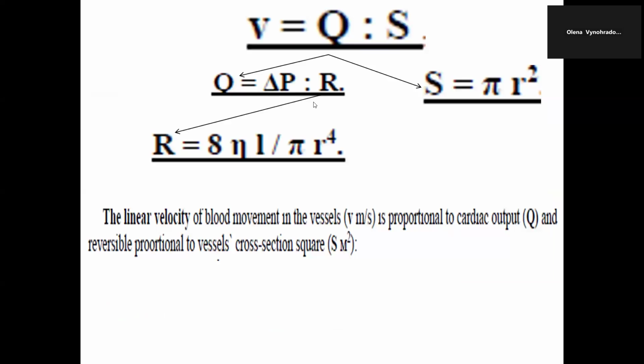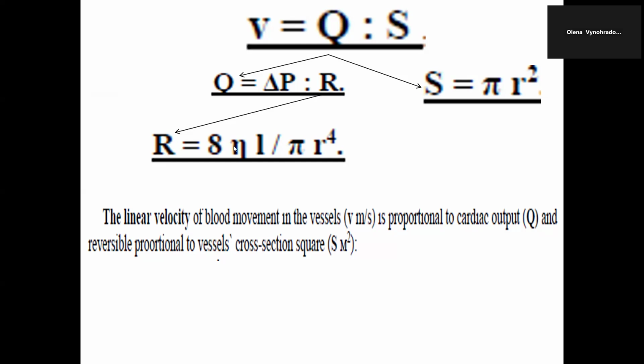Also, we have a formula. If we calculate the linear velocity of blood movement, we could say that it depends on cardiac output and vessels' cross-sectional area. Cardiac output depends on differences of pressure and resistance.